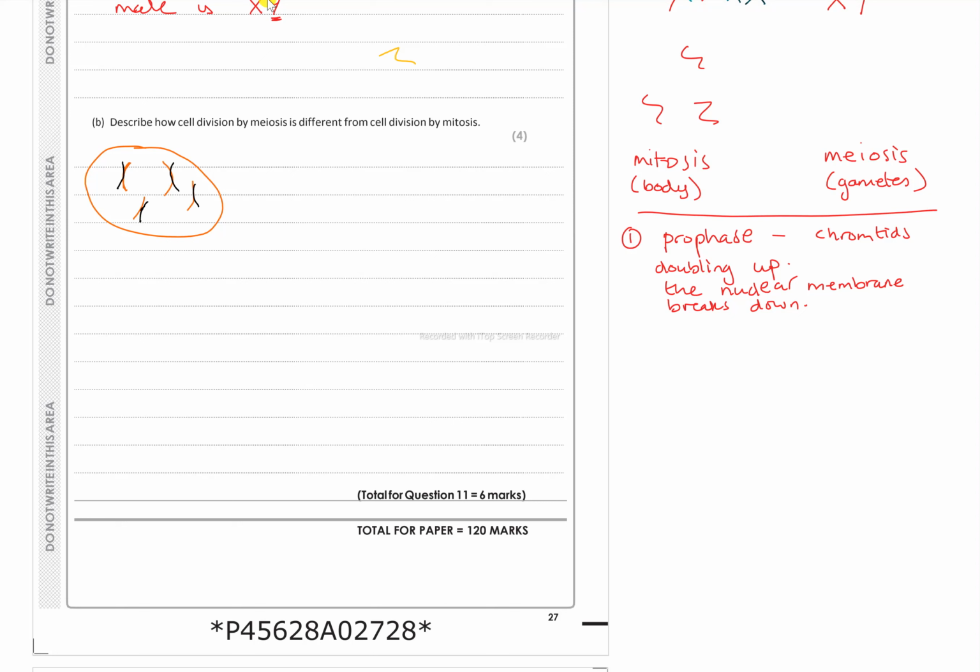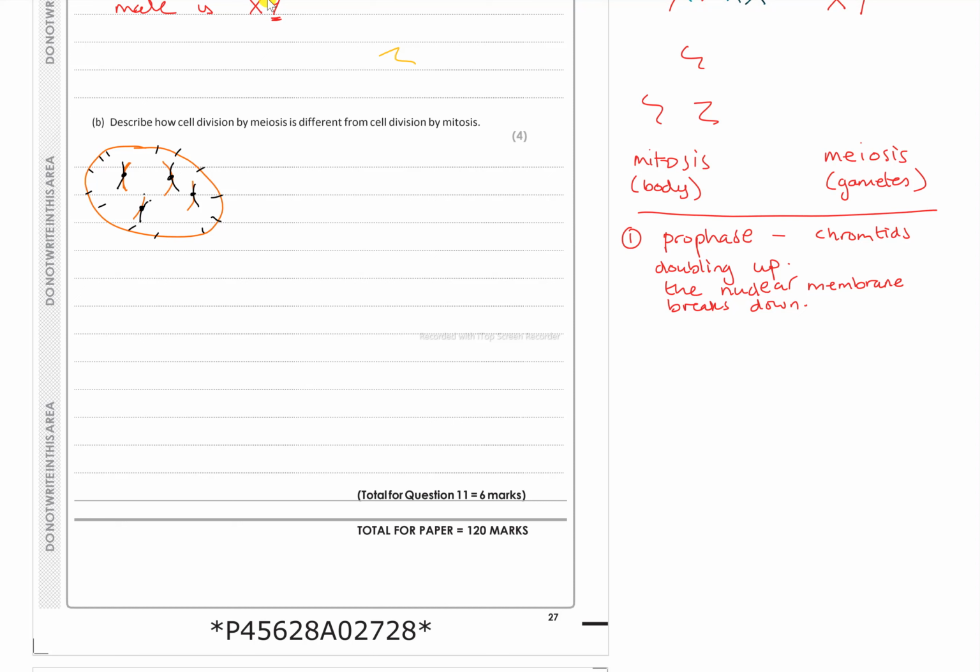So that chromosome becomes, that's a chromatid and that's a chromatid, and it's held together at the center with the centromere. So that's the first phase. It's called the prophase, and this nucleus has got a membrane on it. So this nuclear membrane starts breaking down. That's the first phase, prophase.